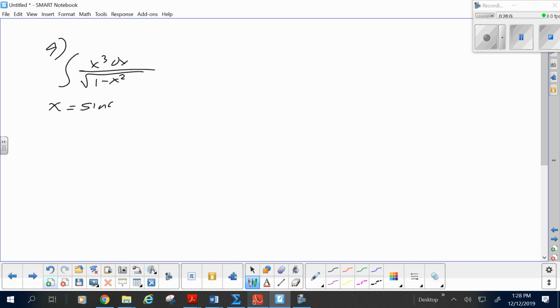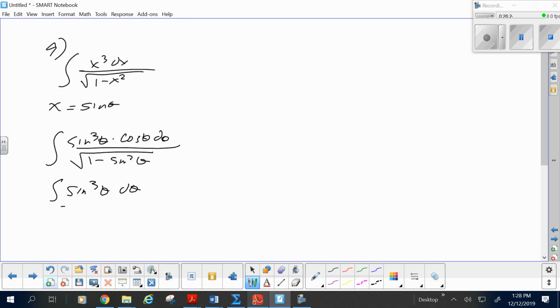X is sine theta. So this becomes sine cubed cosine theta d theta over sine squared sine cubed, which is sine squared minus cosine squared.